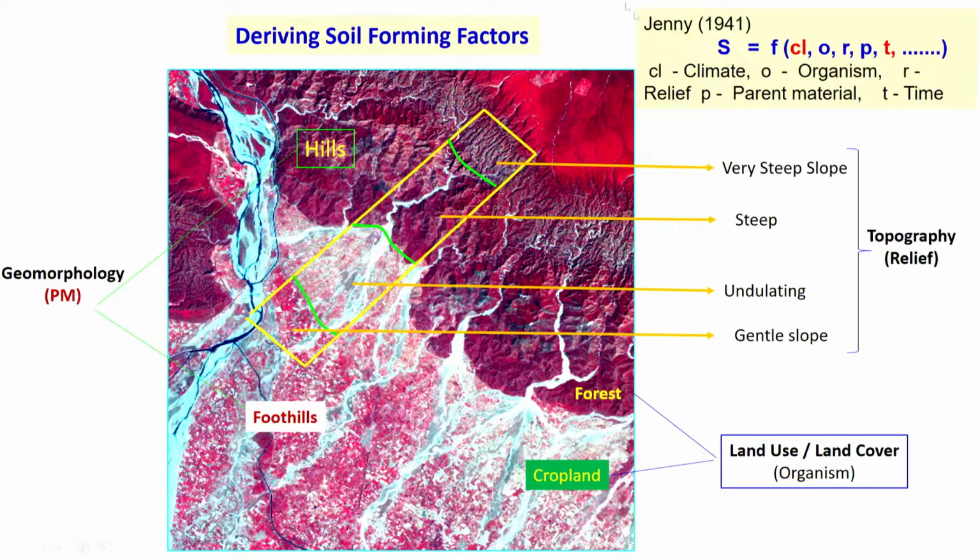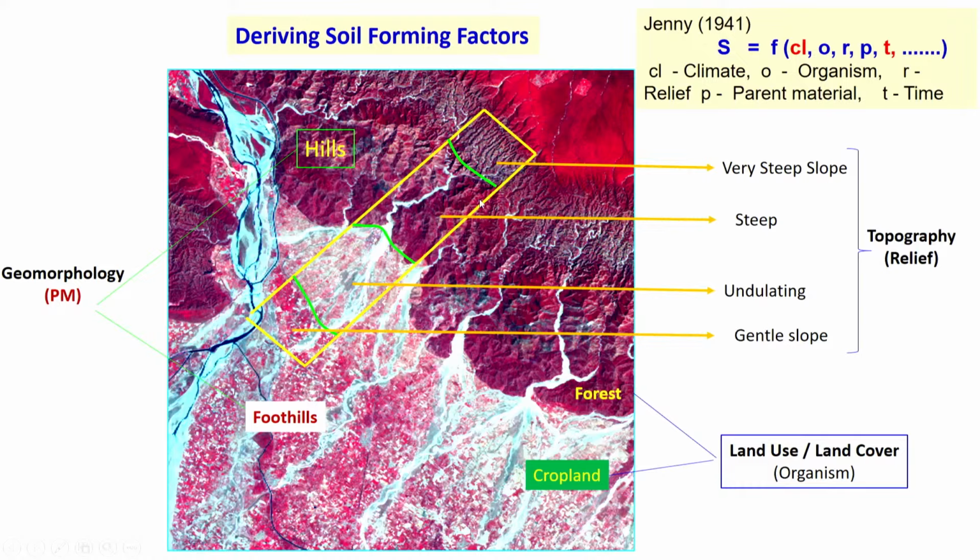And the third factor which is affecting our soil type is organism, that is the land use, land cover. And from remote sensing data we can very well interpret the land use land cover map.